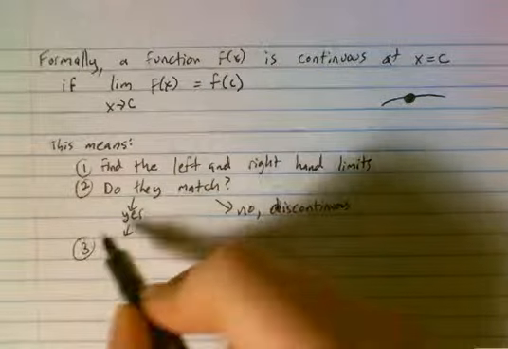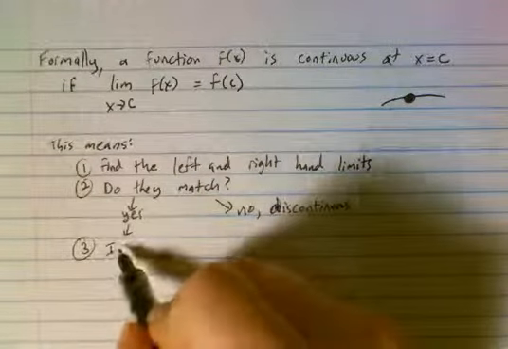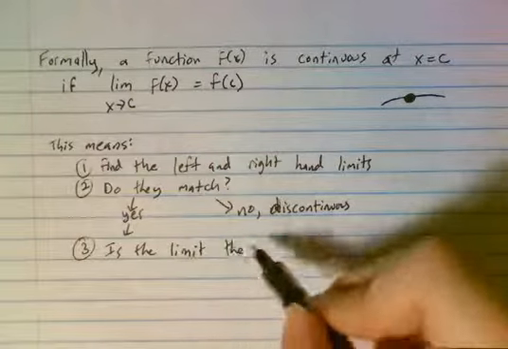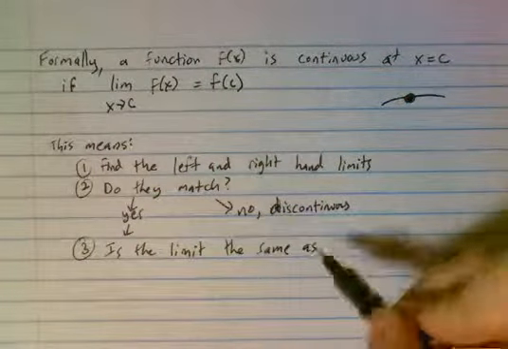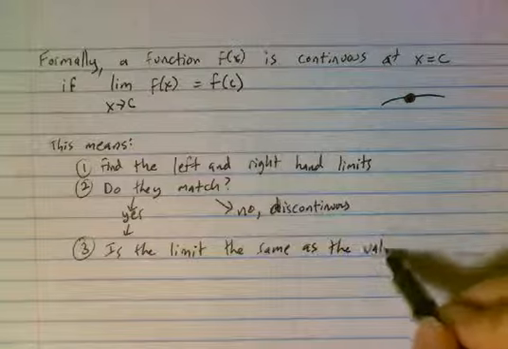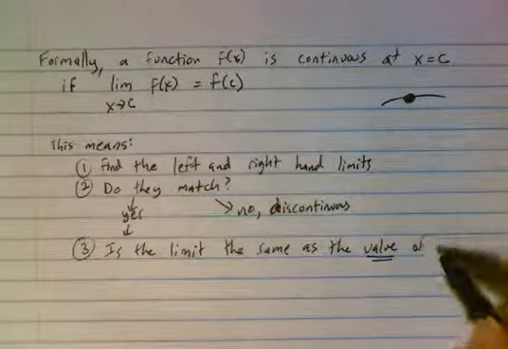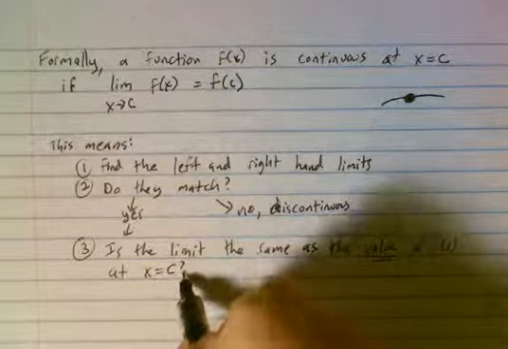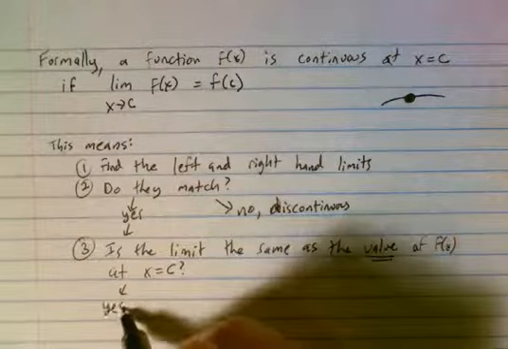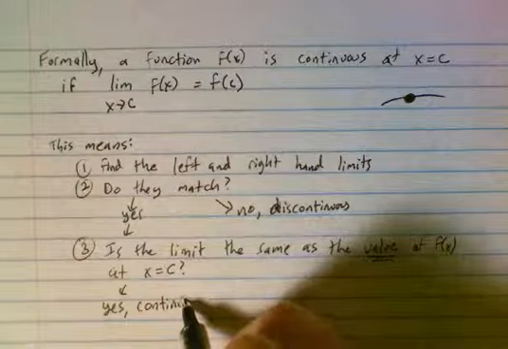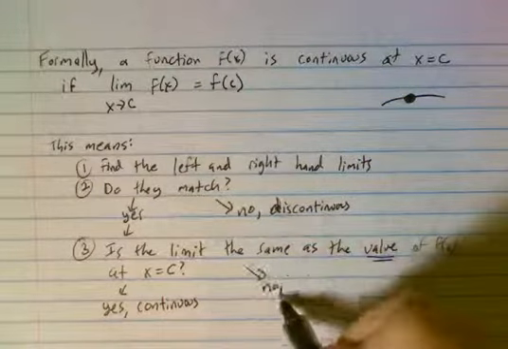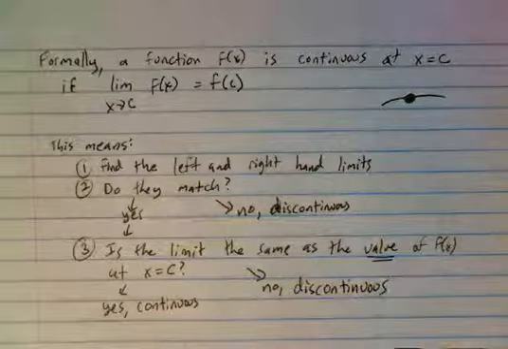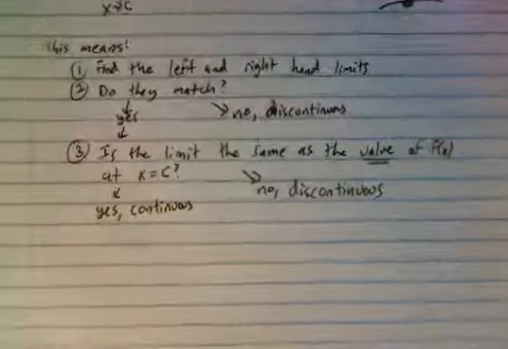Go to part 3. Is the limit the same as the value of f of x at x equals c? If so, it's continuous. No, it's discontinuous. So let's look at some examples of that.